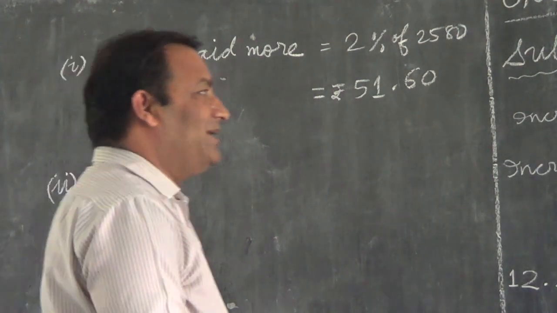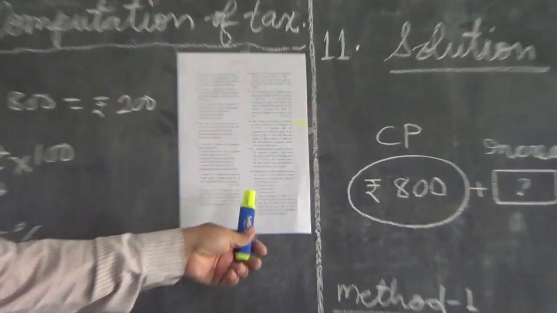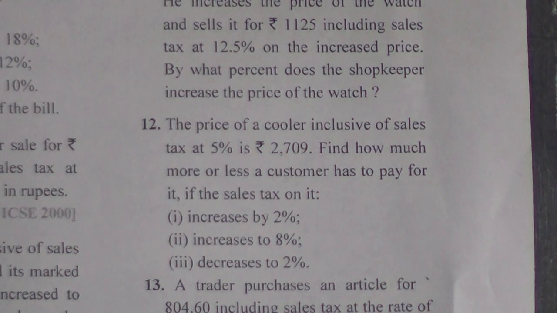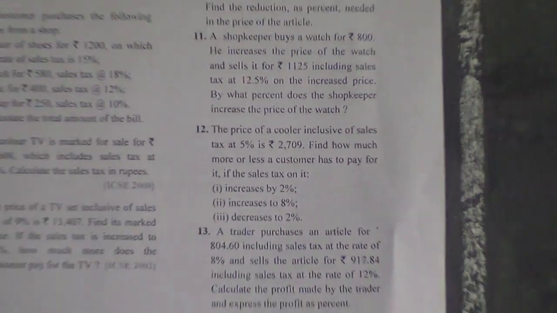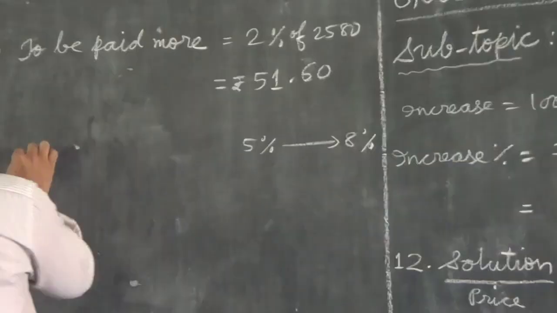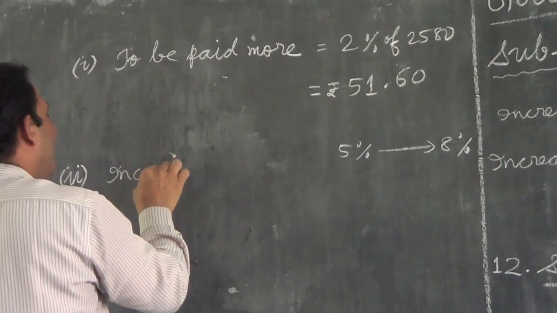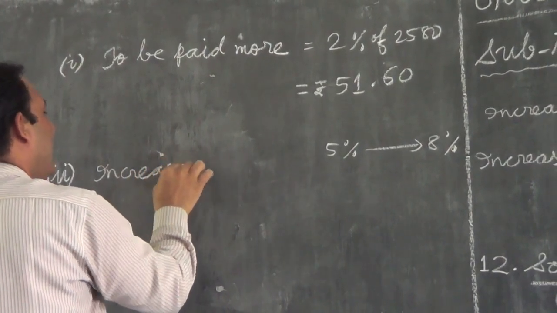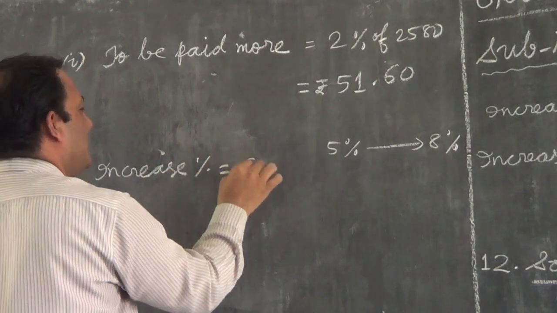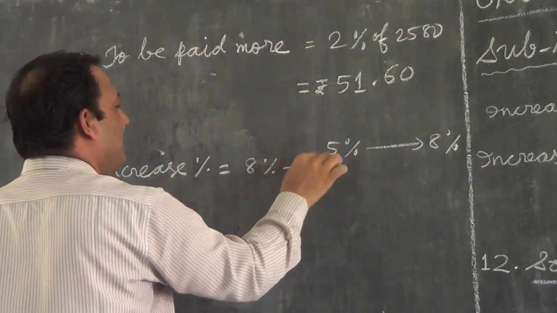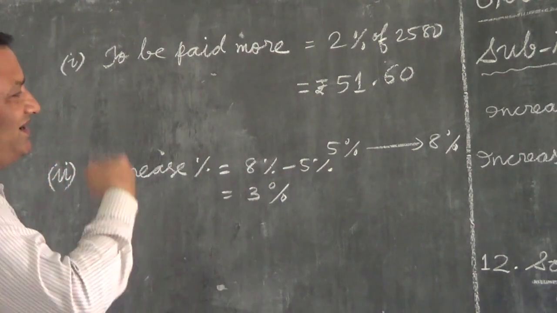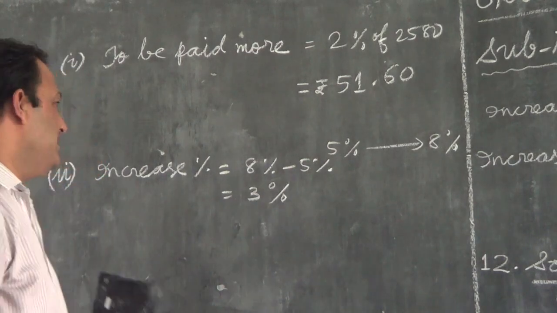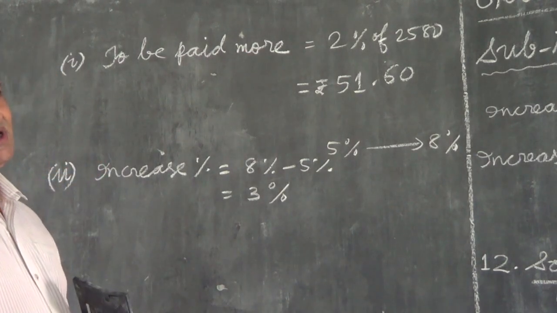Then second bit it is asking increases to 8%. It was 5%. It increases to 8%. So it increased by how much? Increased percent equal to 8% minus 5%, that is 3%. Increases to 8% means increases by 3%.